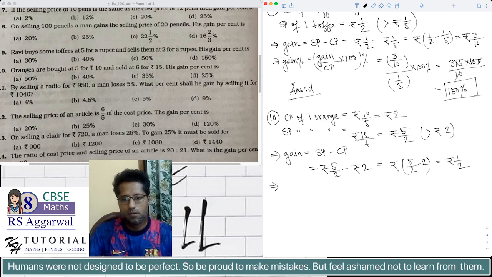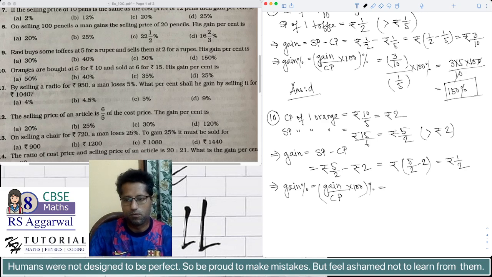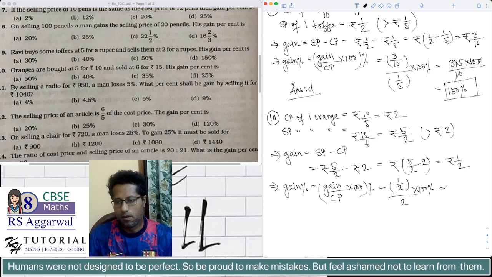So this implies gain percent will be equal to gain divided by CP multiplied by 100. Gain is half, CP is 2, multiplied by 100, which is 1 multiplied by 100 divided by 2 multiplied by 2, which cancels to 25 percent.